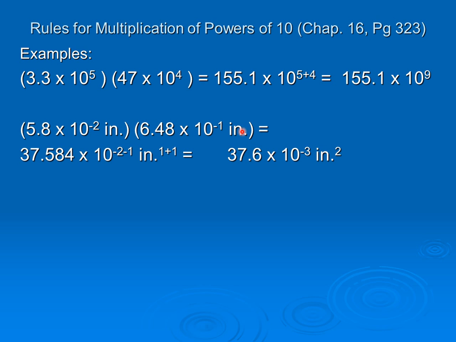So in case of engineering multiplication, you multiply everything. You even multiply the units. Their exponents get added, 1 plus 1, and that becomes inch squared.